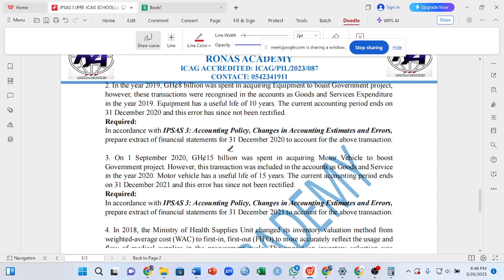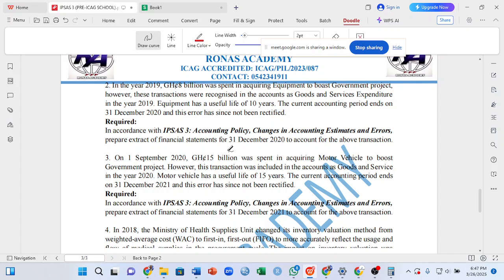Remember we said we had two types of errors: the material and the immaterial. Material meaning prior period, immaterial meaning this year. So what does this one say? Is it prior period or current year? I think it's immaterial, because the accounting period ends on 31st December 2020.